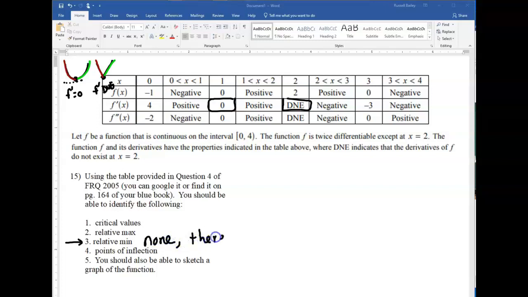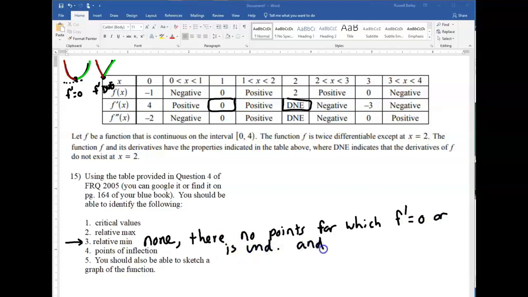And your explanation would be there are no points for which the derivative equals 0 or is undefined, and at the same time goes from negative to positive.